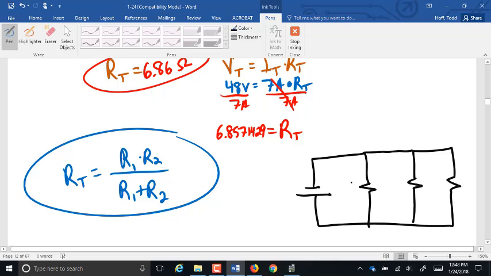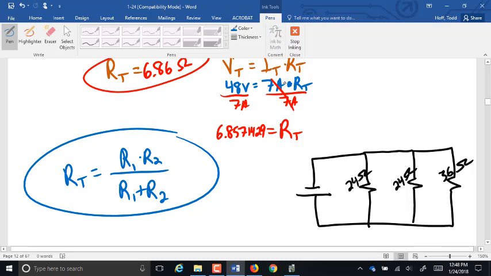So let's go 24 ohms, and 24 ohms, and let's do 36 ohms.